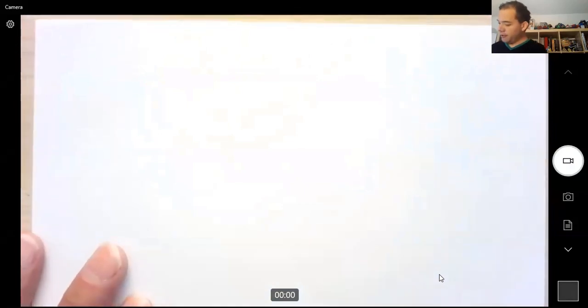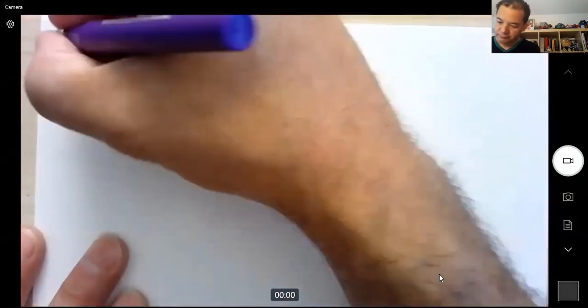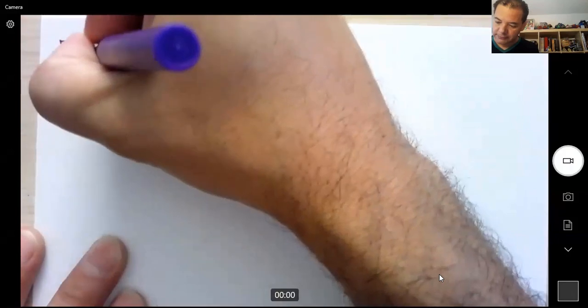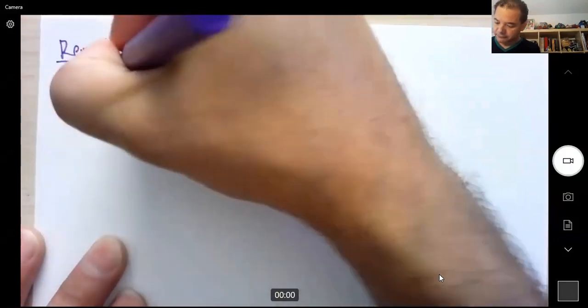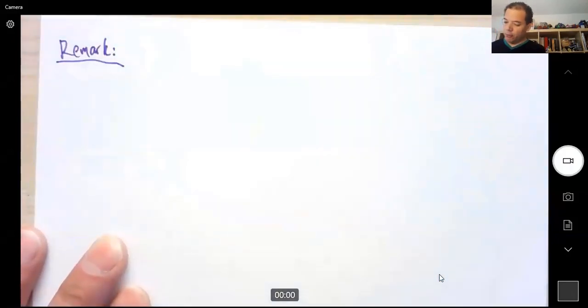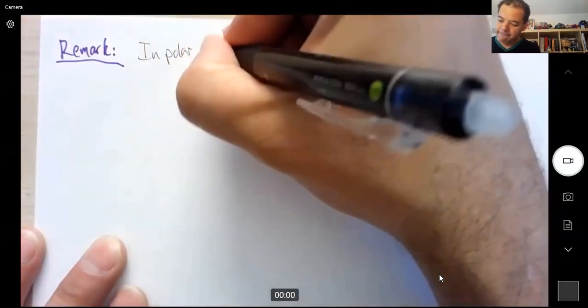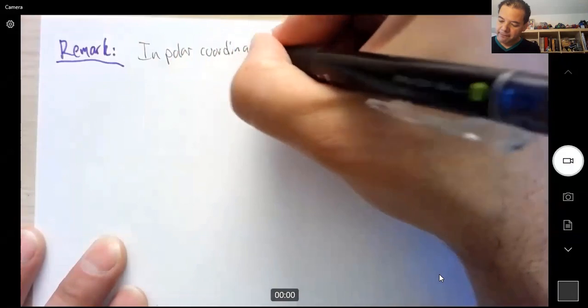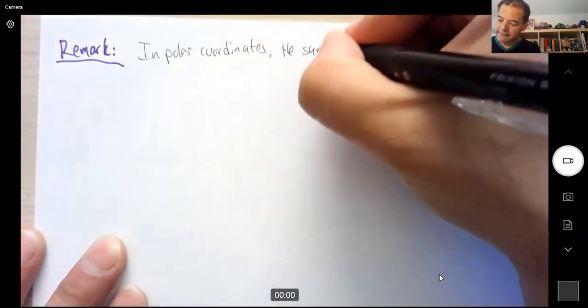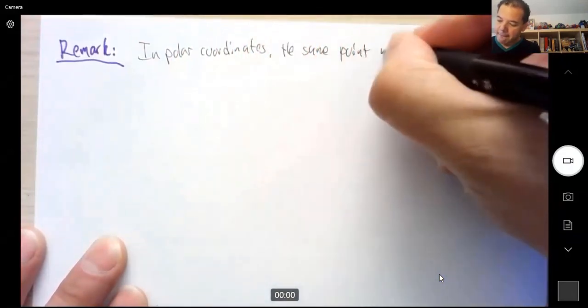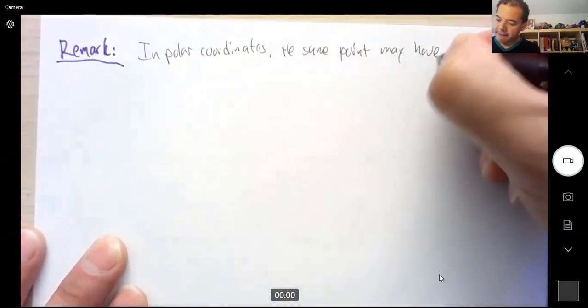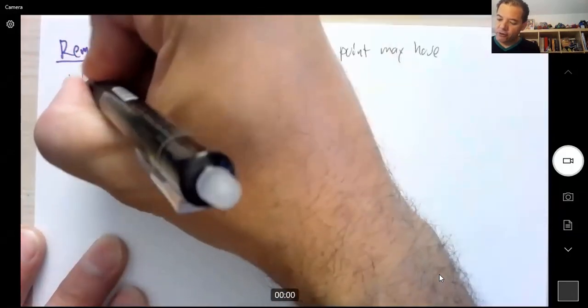Okay, so remark. In polar coordinates, the same point may have different coordinates.